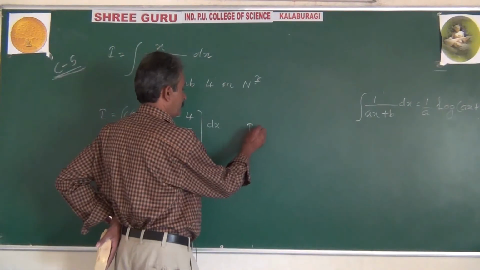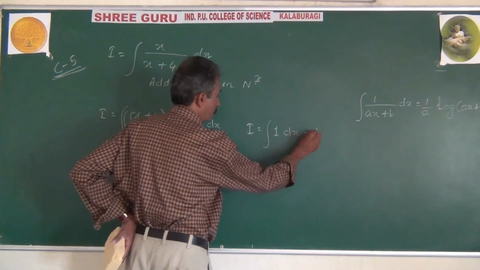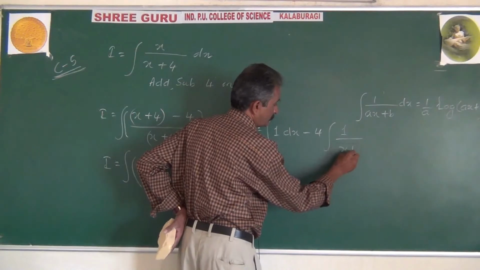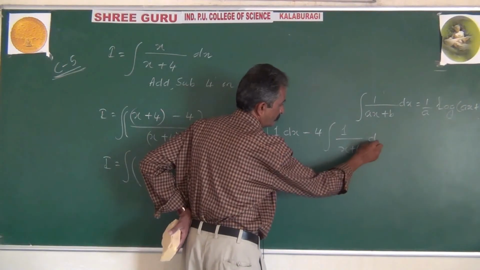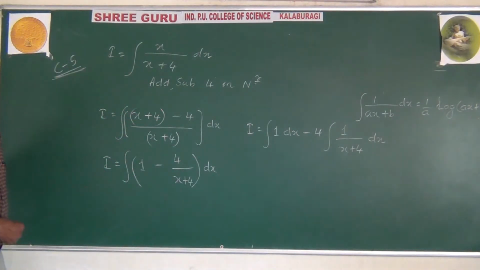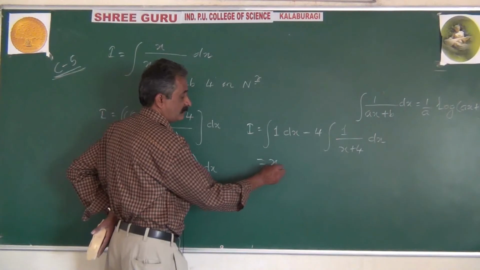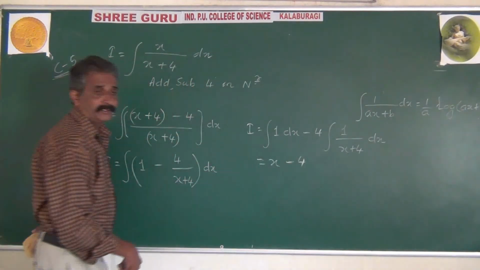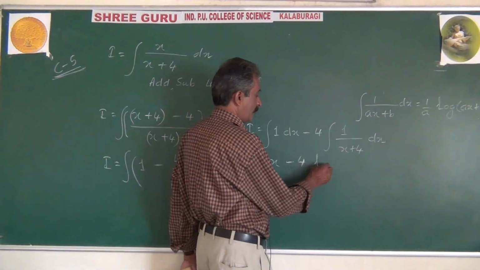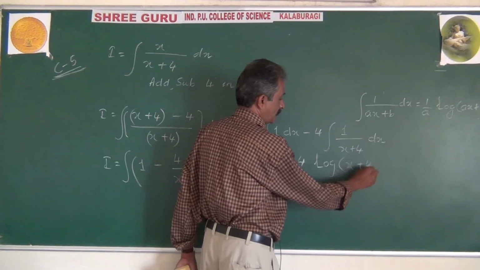First one, integration of 1 dx minus 4 into integration of 1 by x plus 4 dx. But what is integration of 1 dx? x. 4 into integration of 1 by x plus 4 is log of x plus 4. No extra dividing because the x coefficient is 1 plus constant.